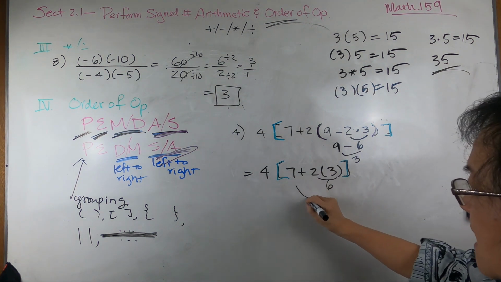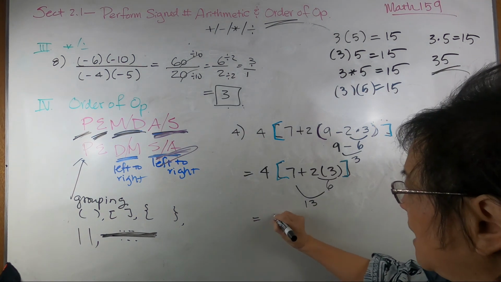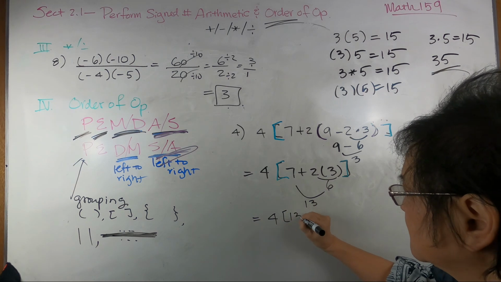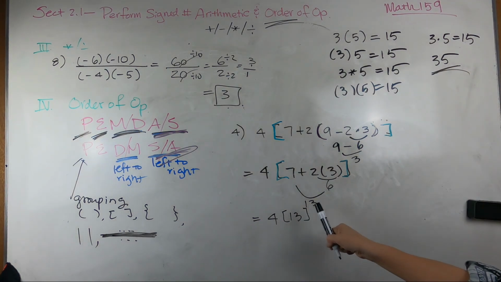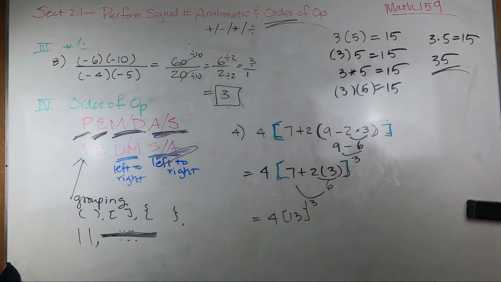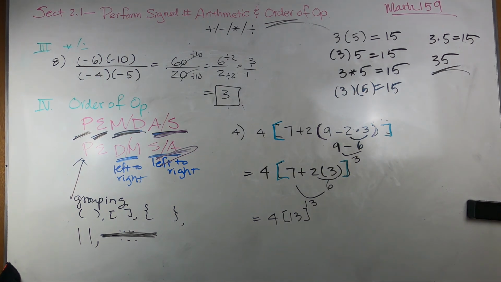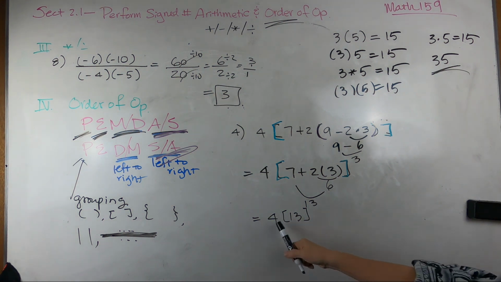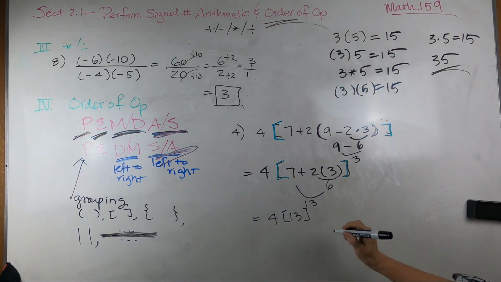You add them together, which is what? 13. So you rewrite it as 4 and 13, right? So a bracket is a multiplication as well. Same thing as your parentheses. It's a group. Two numbers together with a group symbol in between. It means what? Multiplication. Okay?